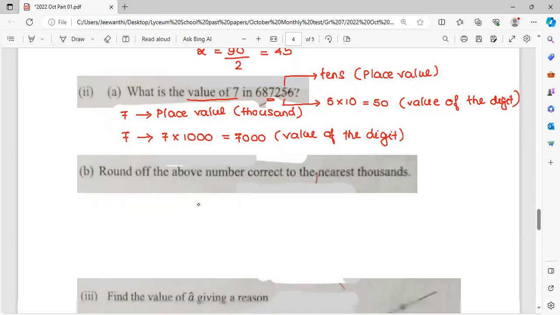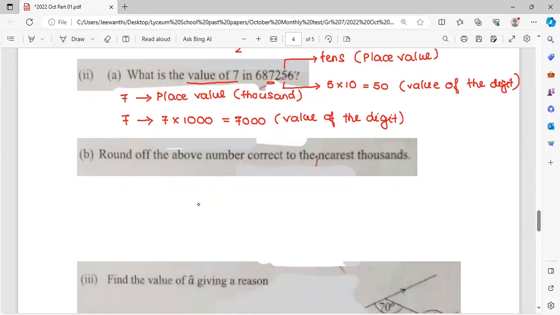Okay. Then round off the above number to a number correct to the nearest 1000. Now here children, we will write the number 687,256. I underline the 1000 place and I look at the neighbor number.